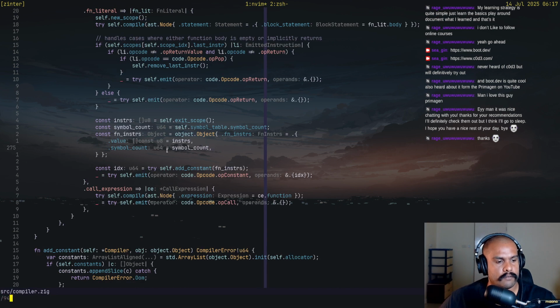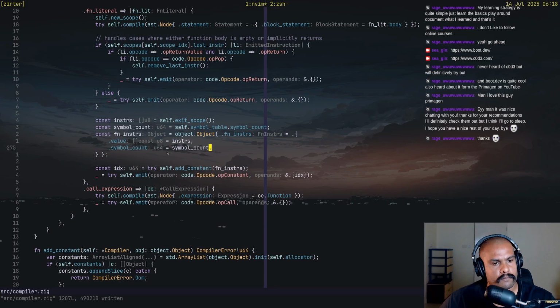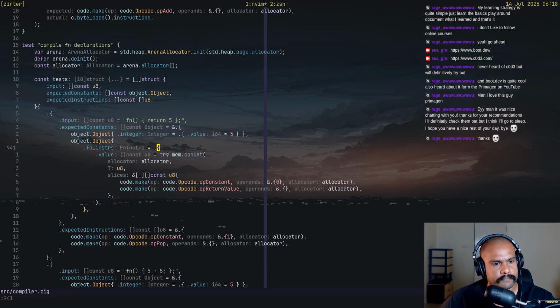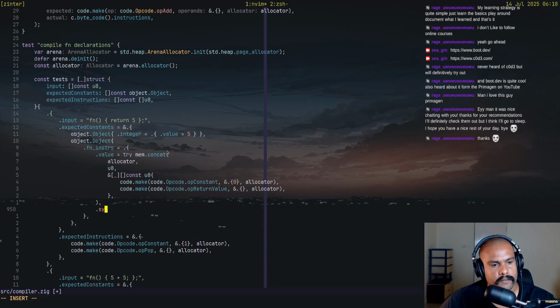Compiler 941. Right, okay. Symbol count equals 0.